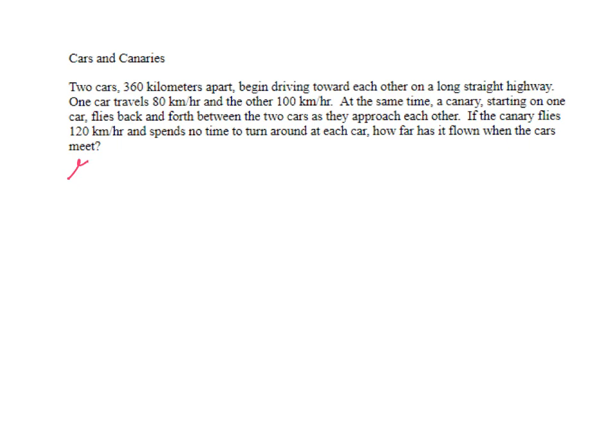So go ahead and label a column given and another column find. And then let's take a look at what we know. So two cars are 360 kilometers apart. That's a distance. So D equals 360 km. And it looks like they gave us the velocity of both of the cars.